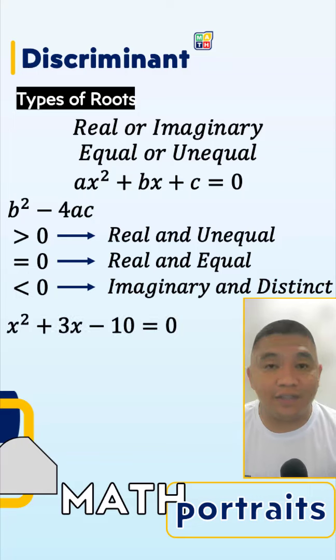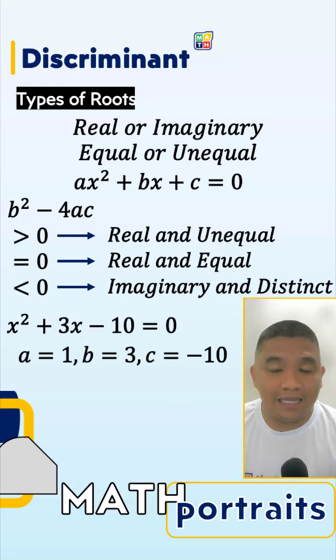Let's consider this given equation, x squared plus 3x minus 10 equal to 0. We know the values of a, b, and c are the following: a is 1, b is 3, and c is negative 10.